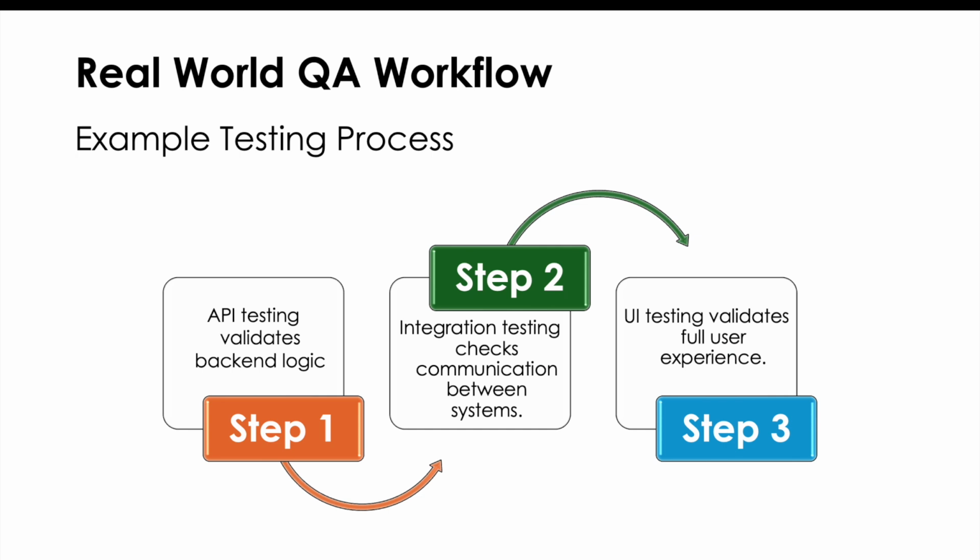So, a real-world QA workflow example testing process: step 1, API testing validates backend logic. Step 2, integration testing checks communication between systems. And step 3, UI testing validates the full user experience.